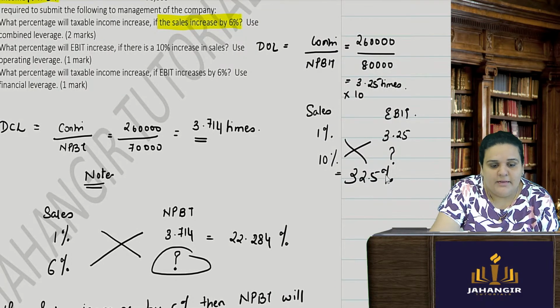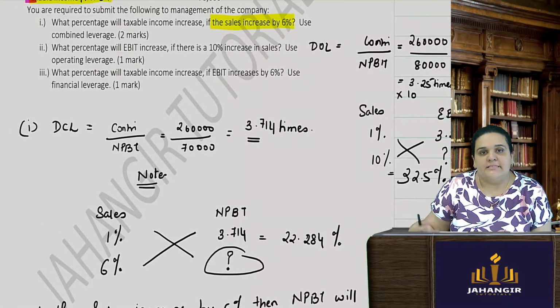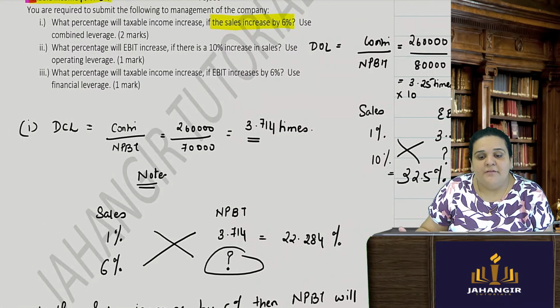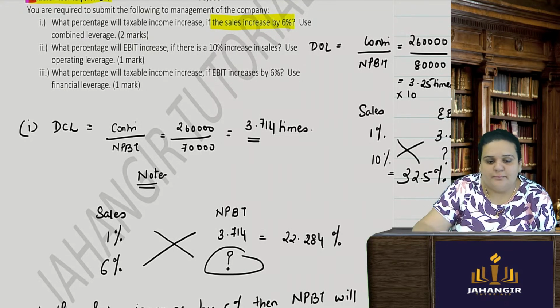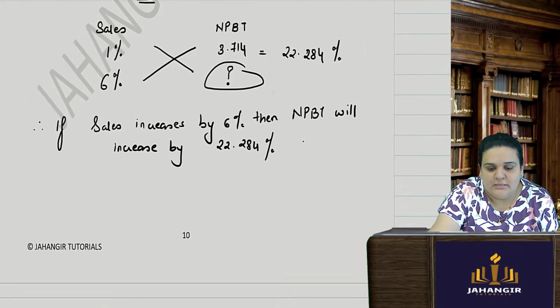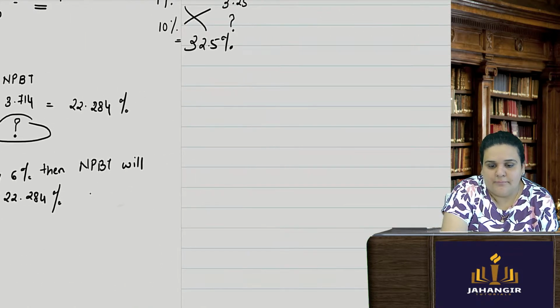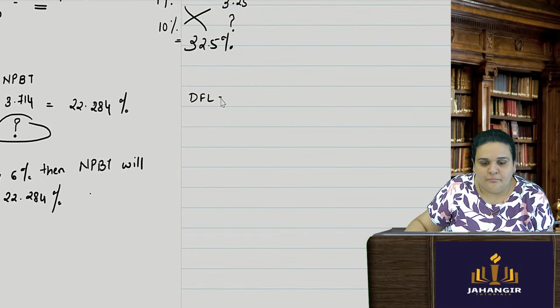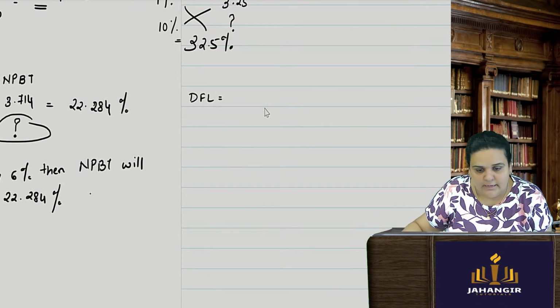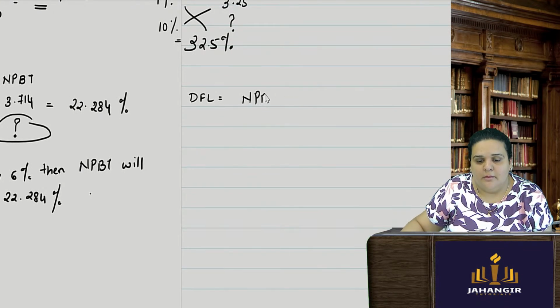Okay. Now the last one, what percentage will taxable income increase if EBIT increases by 6%? We are supposed to use the financial leverage over here. So degree of financial leverage, it is NPBIT upon NPBT.